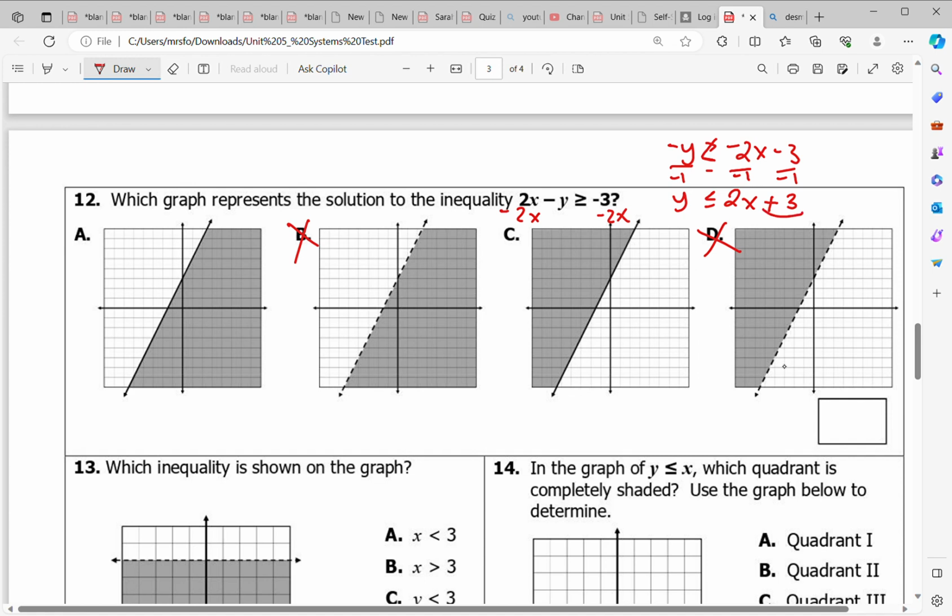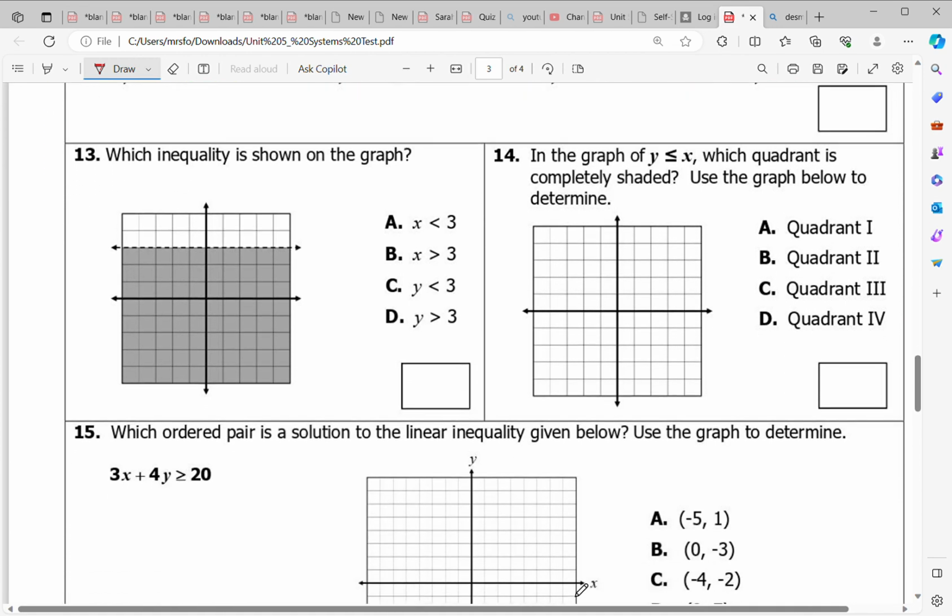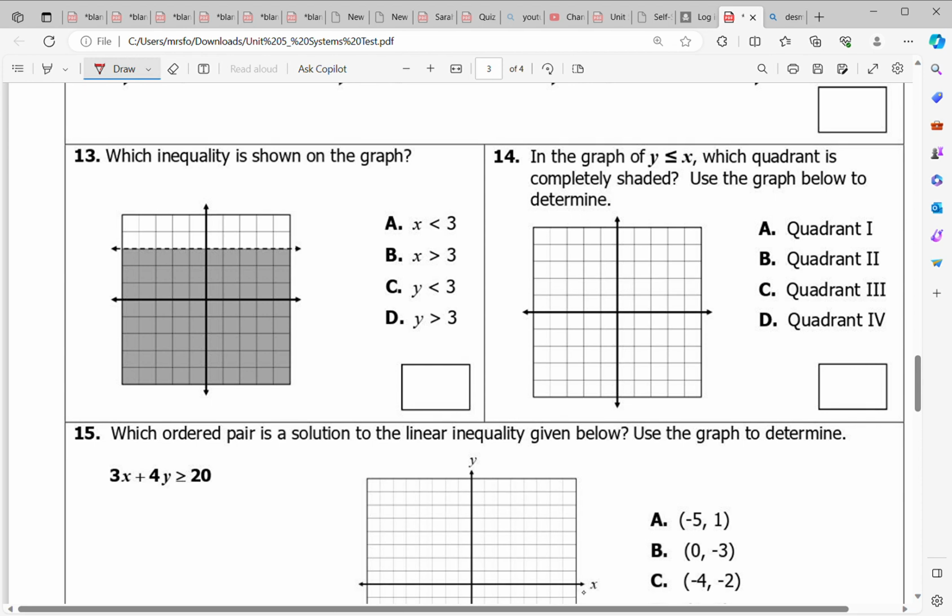So at 3, then we go up 2 over 1, and it's less than, so we shade below. So A would be our choice. You could check that in Desmos. 13, this is a horizontal line, so it's going to be Y. It's shaded below, so Y is less than 3. So that would be C.